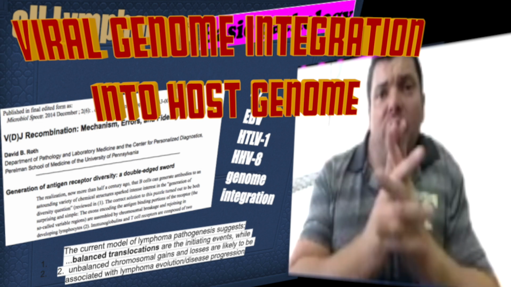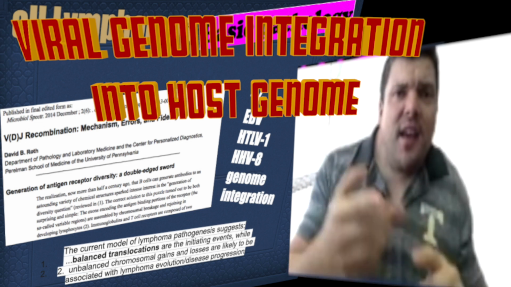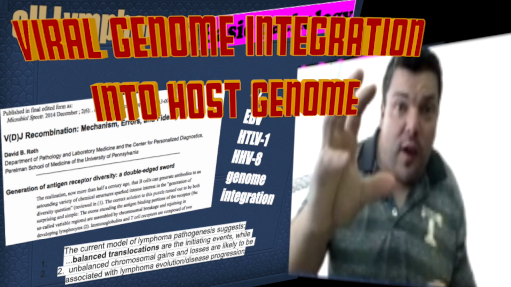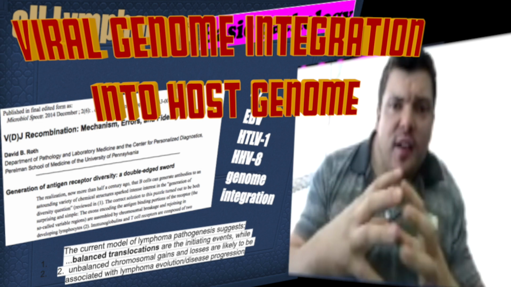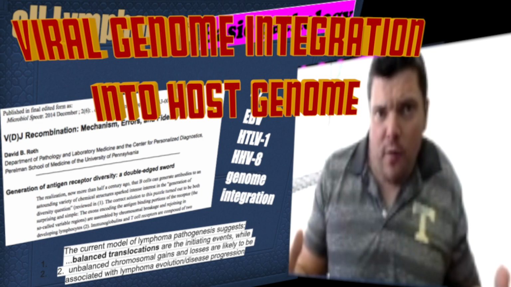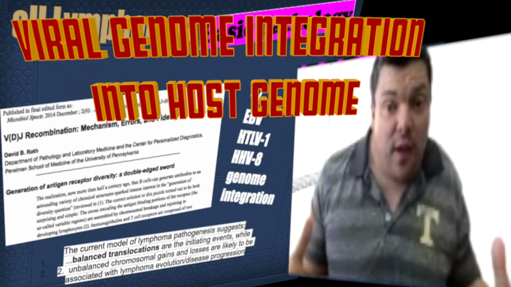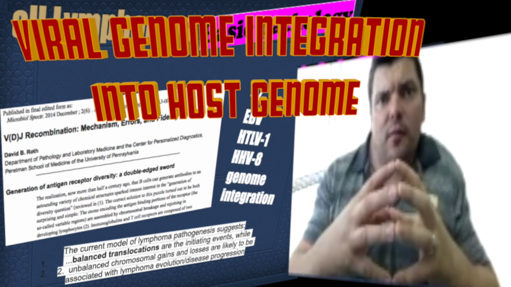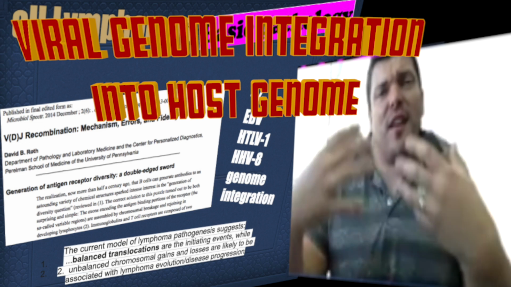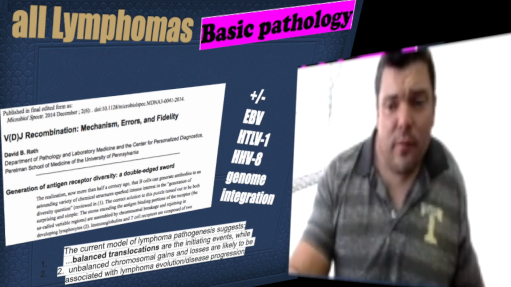We know that some viruses, A, infect lymphocytes, and B, integrate their viral genetic material into the genetic material of the lymphocytes themselves. Epstein-Barr virus, human T-cell lymphotropic virus, some of the herpes viruses will do this. And because it alters the genetic material of the lymphocyte itself, it can do so in such a way that potentiates growth irregularity, aka cancer.